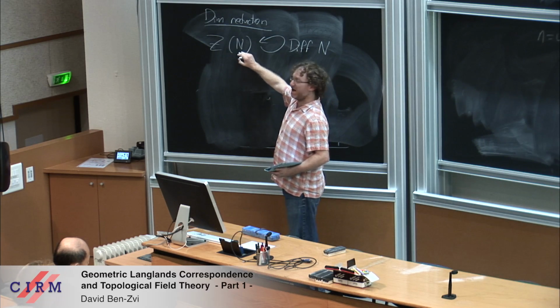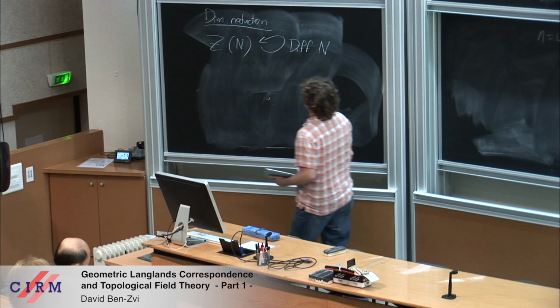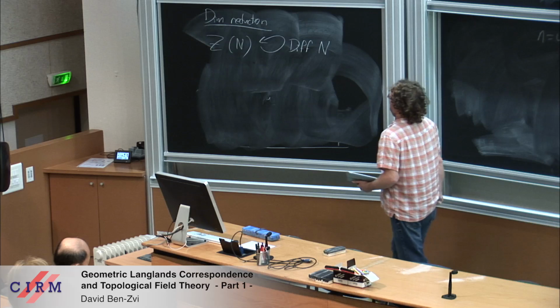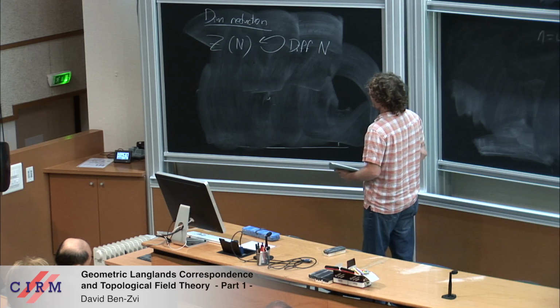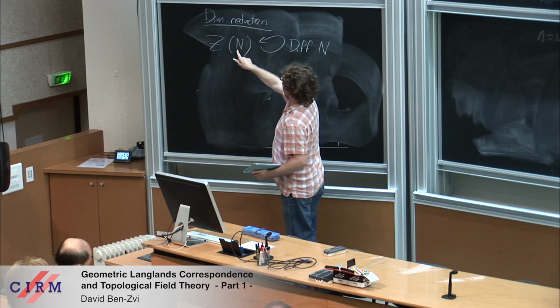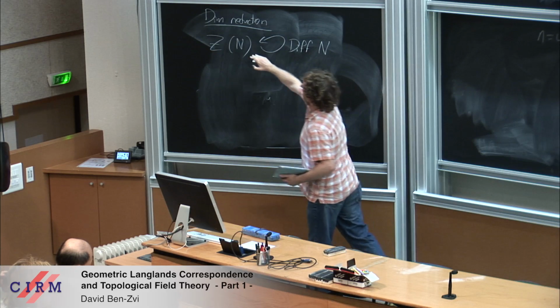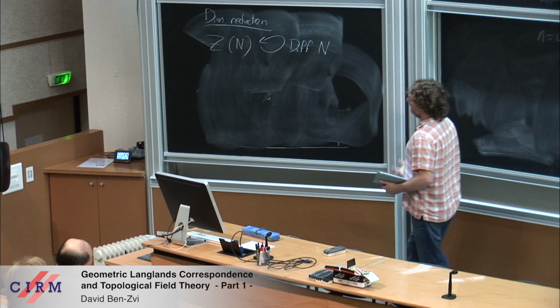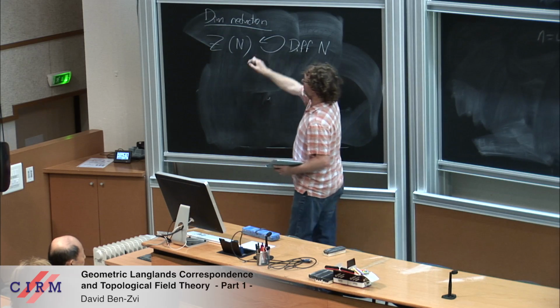I think of it as a family over B Diff N. So I have the kind of moduli space of things homotopic to N, things isotopic to N. So that's B Diff N. I have a family over B Diff N. So the value of this N naturally forms a family over B Diff N, which means I have something with an action of Diff N. So that's part of the structure of this field theory, that I have actions of diffeomorphism groups on my outputs.